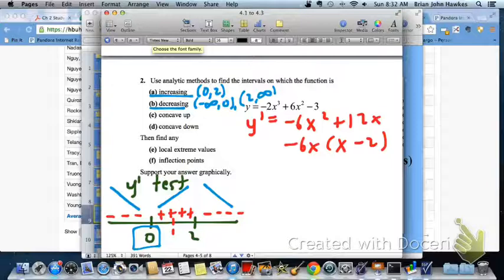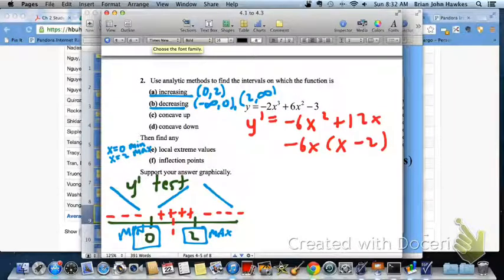Okay, so we have a min here because y prime changes from negative to positive there, and we have a max right there when x is equal to 2. So local extreme values, we can say over here to the left, when x is equal to 0, we have a min, and when x is equal to 2, we have a max. Okay? So those are where our local extreme values occur.